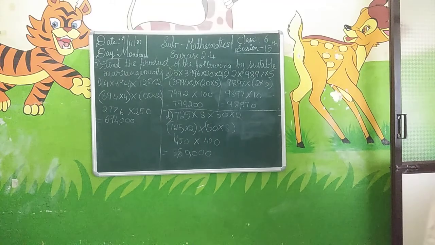This completes your first Roman number. Only 4 questions are there. Next, come to the second Roman number. Find the value of each of the following.